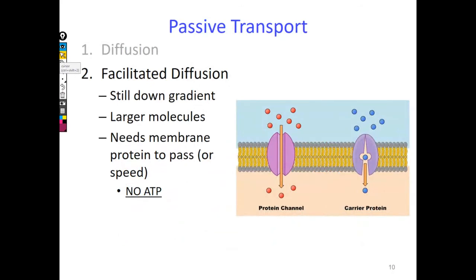Okay, so we're still in passive transport now, but remember we talked about what do we do if we want to get something that's bigger across our membrane. Okay, so here again we have that glucose that before was too big to shimmy across.